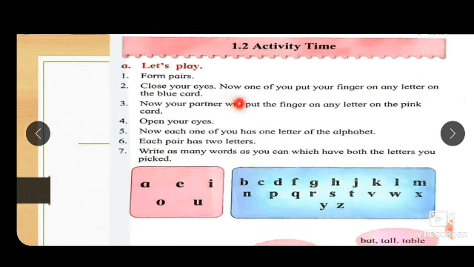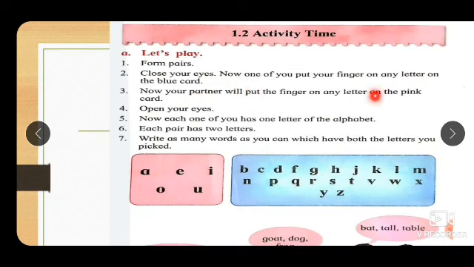Now your partner will put the finger on any letter on the pink card. 4. Open your eyes. 5. Now each one of you has one letter of the alphabet. 6. Each pair has 2 letters. 7. Write as many words as you can which have both the letters you picked.